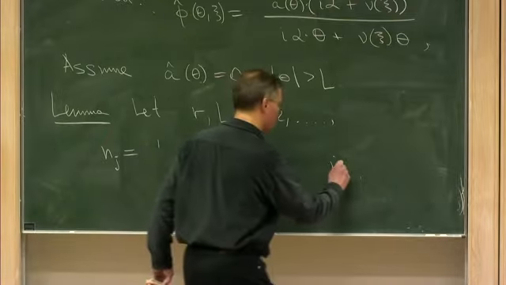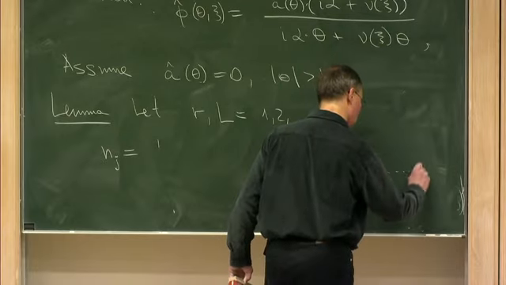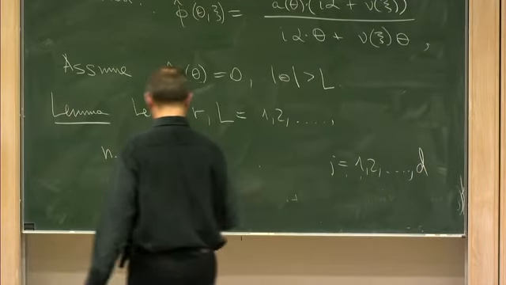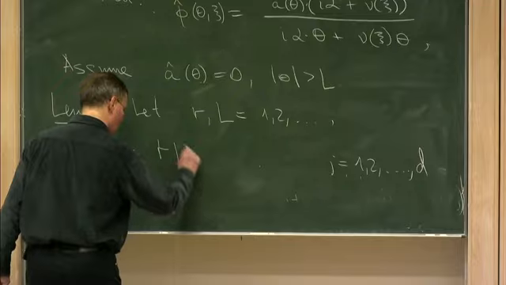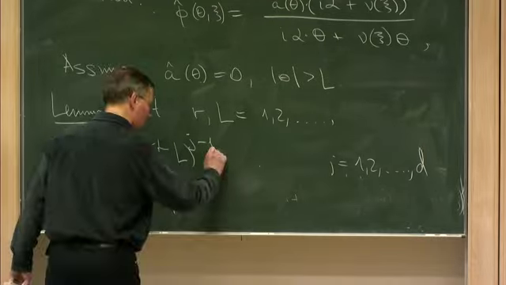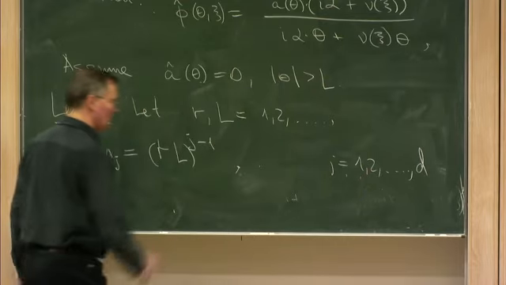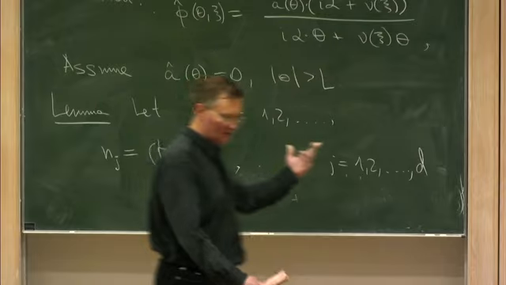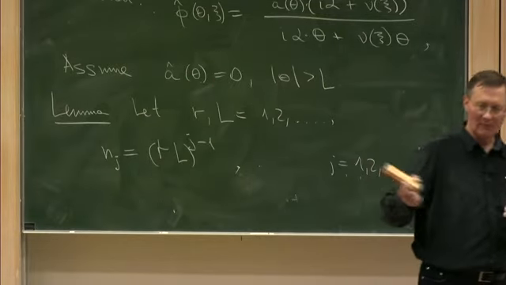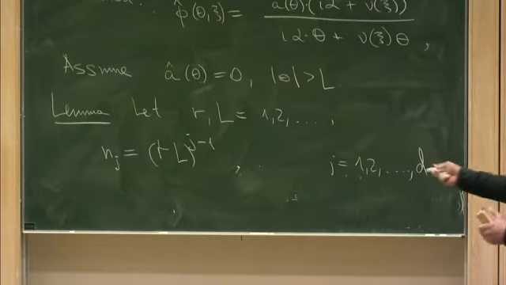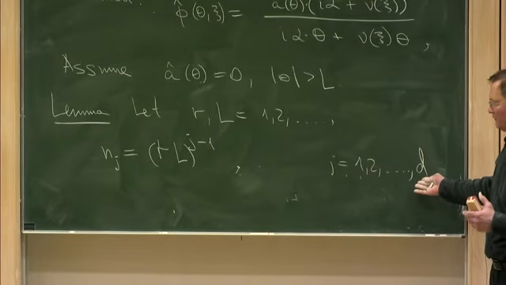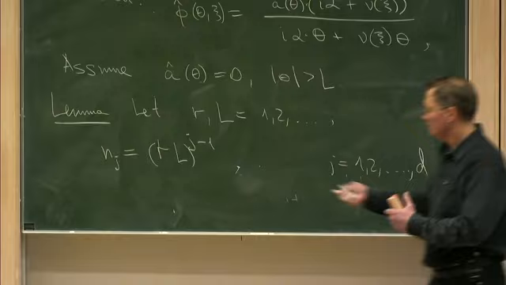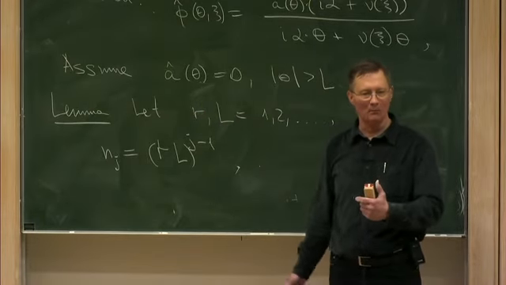So j will run from 1 to d in the following way. This is R, L, j minus 1. Okay? So when you increase j, the powers are increased, so the vector becomes very long. The further you go, the further you approach d, the longer the components become.